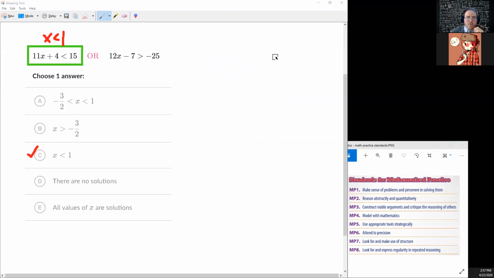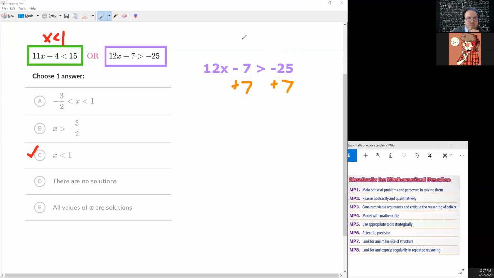So now what we'll do is take this other side, this one, and figure it out as best we can. So I'm going to write it down as 12x minus 7 is greater than negative 25. I would just add 7 to both sides.